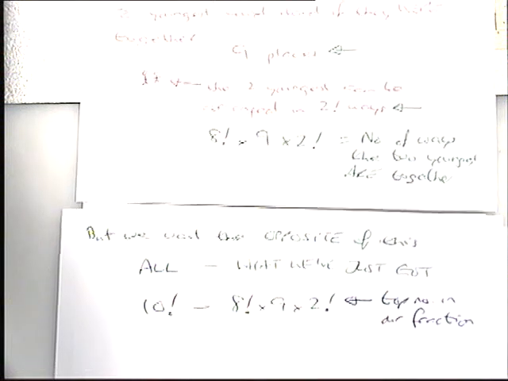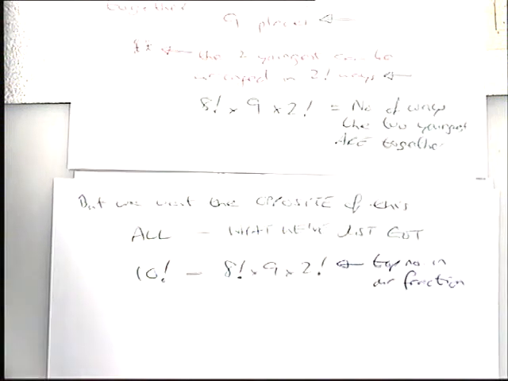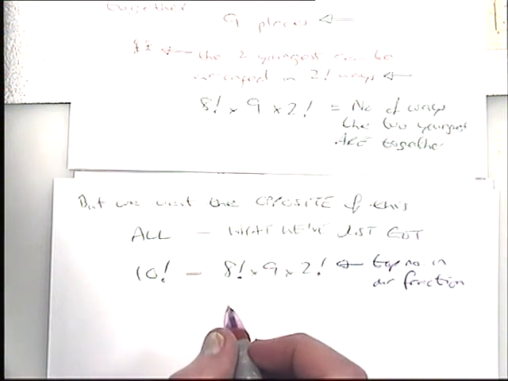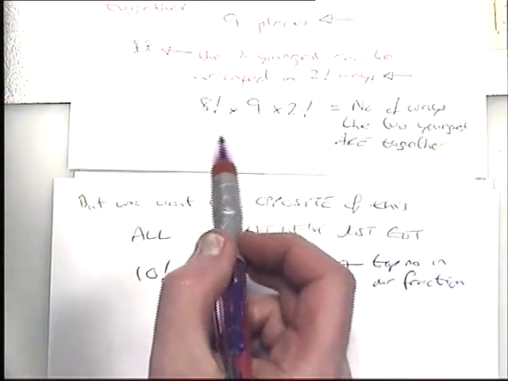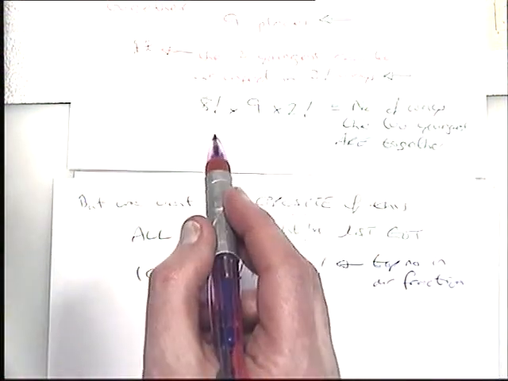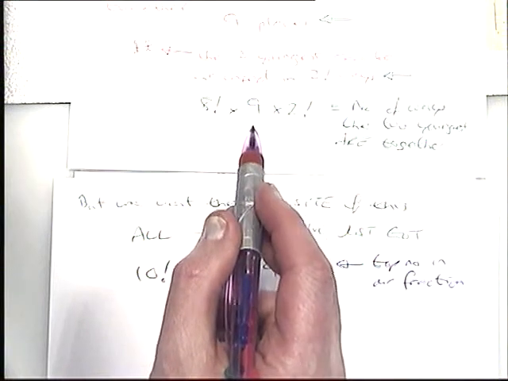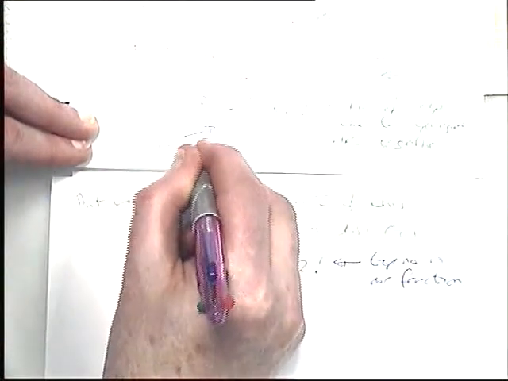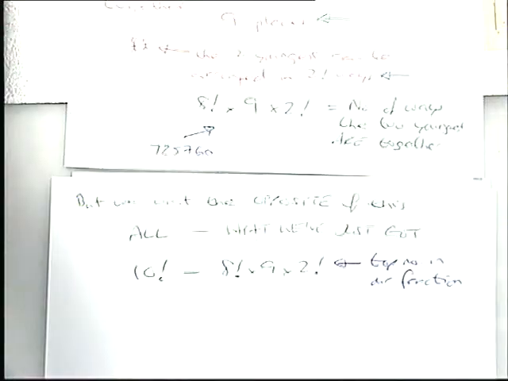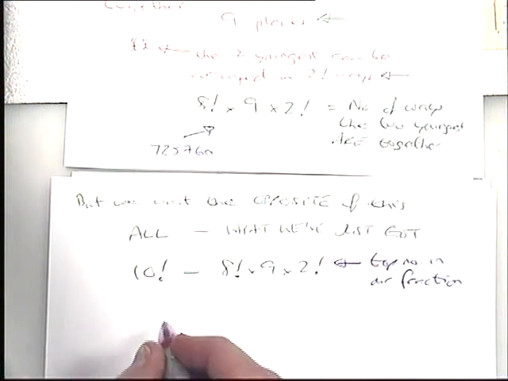Now I think James has worked that out on his calculator. What did you get, James? I've got 10 factorial minus this here, being 725,760. Yeah, 725,760 is what I've got there for that one.